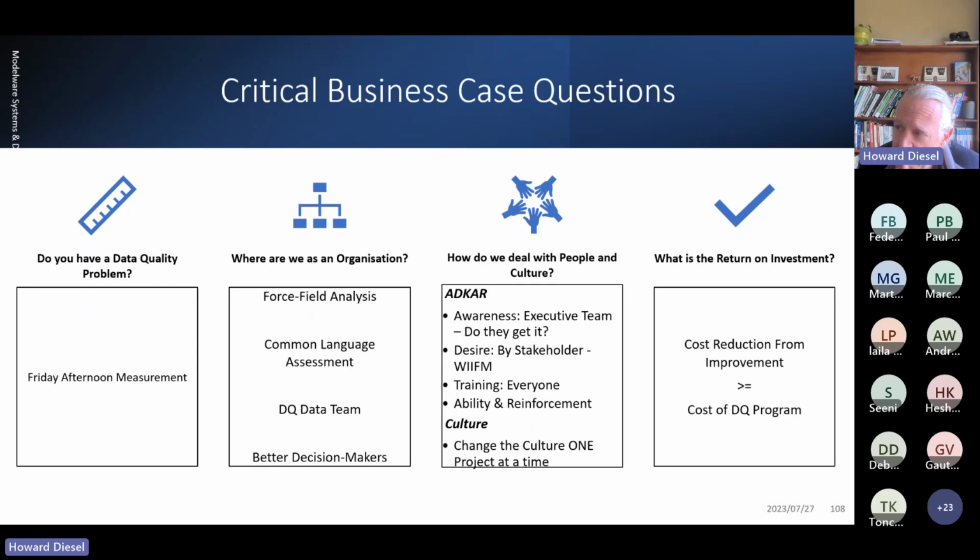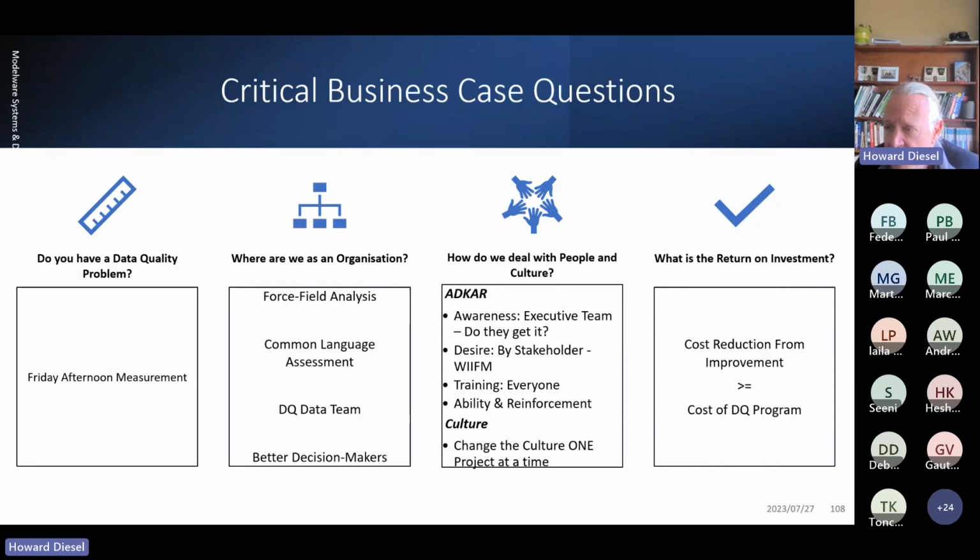And then my last one is, well, what's the return on investment? And I like this. There's a really simple statement here, which is to say, what we should be ensuring is that the reduction that we get from improvement, because a lot of the times data quality problems are cost related. Okay.